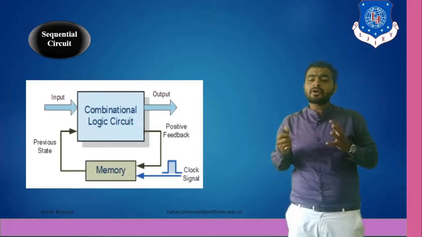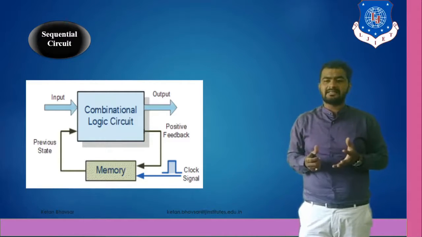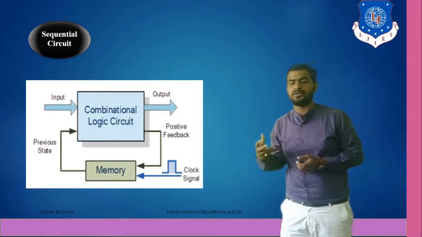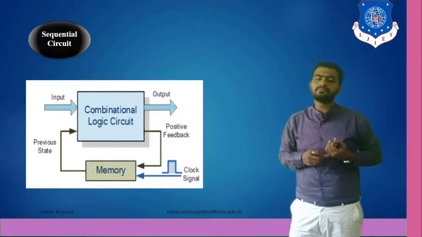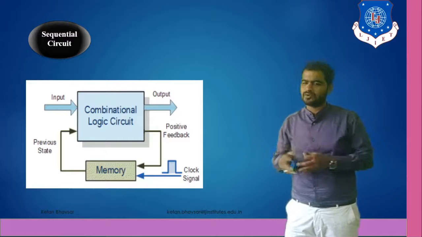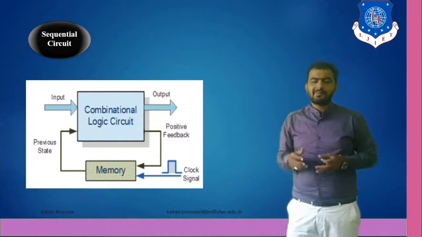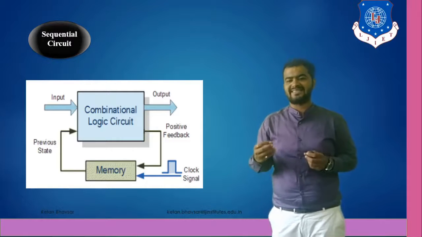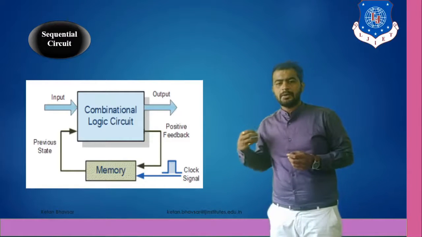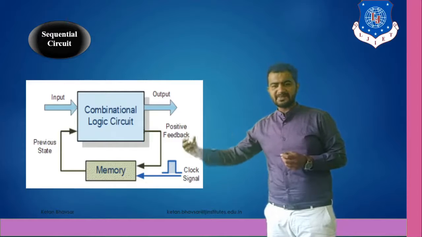When we're talking about the clock signal, ultimately we are working on two types of clocks, rising and falling. You can work on the rising, or you can work on the falling too. The clock pulses generally depend on a pulse generator based circuit.